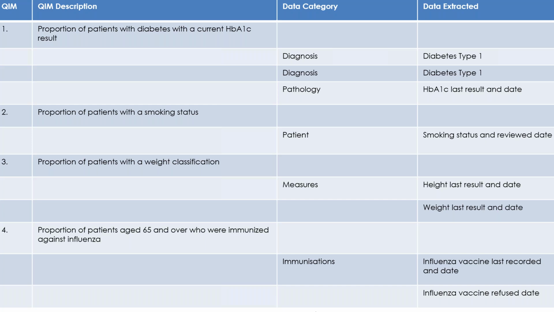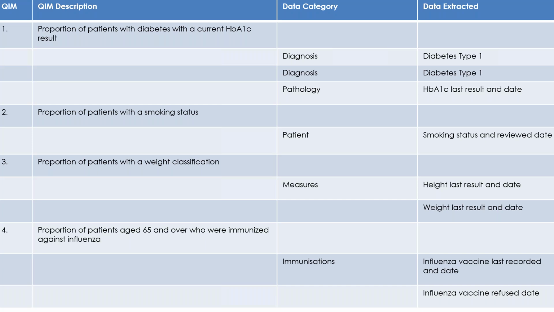The first one, point one, is the proportion of patients with diabetes with a current HbA1c result. We know that's the measurable itself, and then it's classified in a data category as follows. That would come under a diabetes type 1 extraction, and the category they're looking for is the diagnosis.